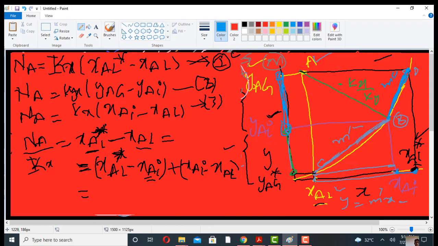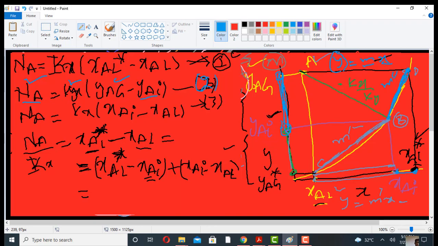So XAL star minus XAI is the x-axis, and we know that y is equal to mx. So the x-axis will be equal to y divided by slope, and slope is m double dash, and what is the y-axis? Y-axis is YAG minus YAI, and from equation number 2, YAG minus YAI is NA divided by KY.